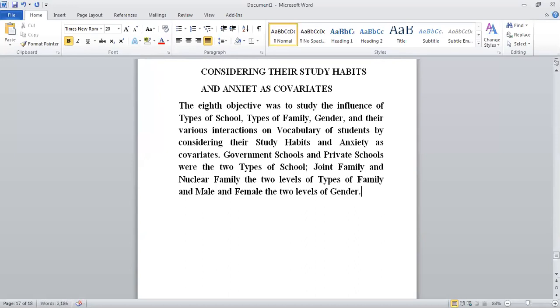So now you have given how many levels for each variable, so that you have done.